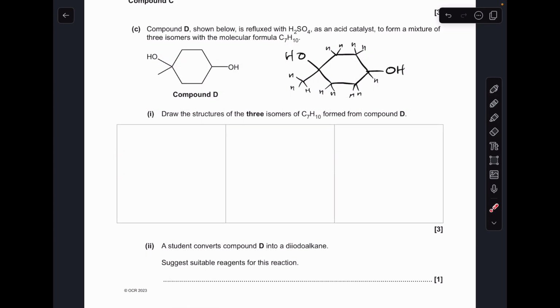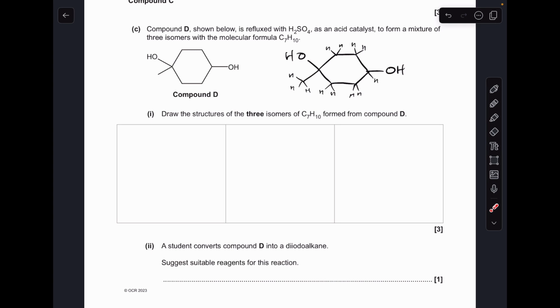Okay, so moving on to part C, I've drawn up a sort of weird version of compound D just to show you where all the hydrogens are, because when alcohols are refluxed with sulfuric acid as a catalyst, you remove an H2O molecule. It's an elimination reaction and it generates an alkene.